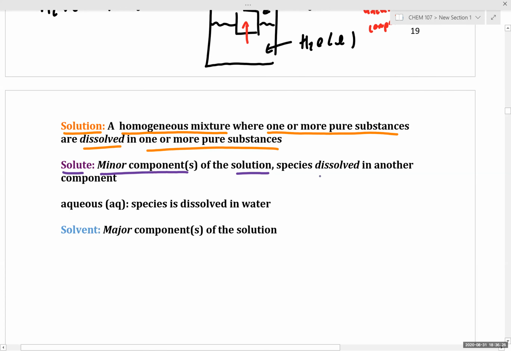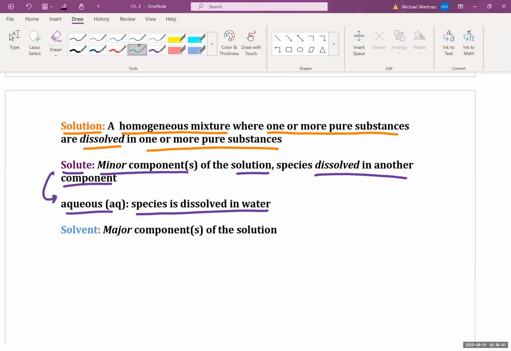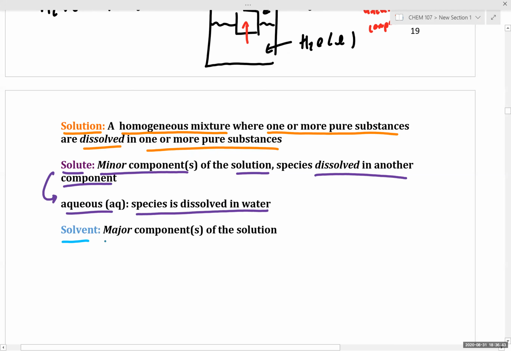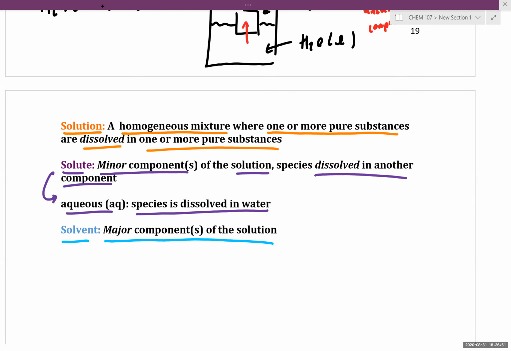It's the species dissolved in another component. We denote the solute with an aqueous symbol, aq, indicating the species is dissolved in water. The solvent is the major component of the solution. I like to think of it as the species that is doing the dissolving.